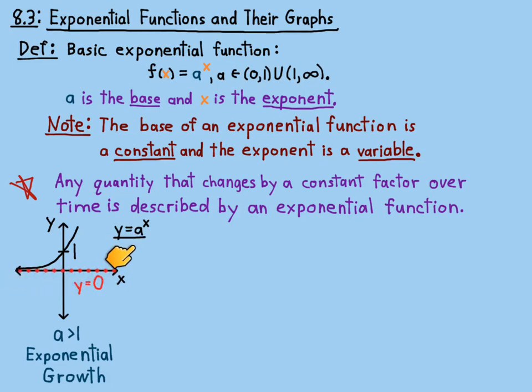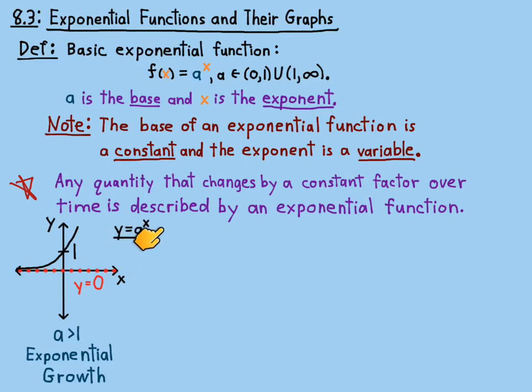Now, of course, we can put a coefficient in front of it. We can put a coefficient on the x. We can add or subtract something from the x. And we can add or subtract something from the whole thing. What these things do is make this a little steeper or a little less steep, that's the coefficient.